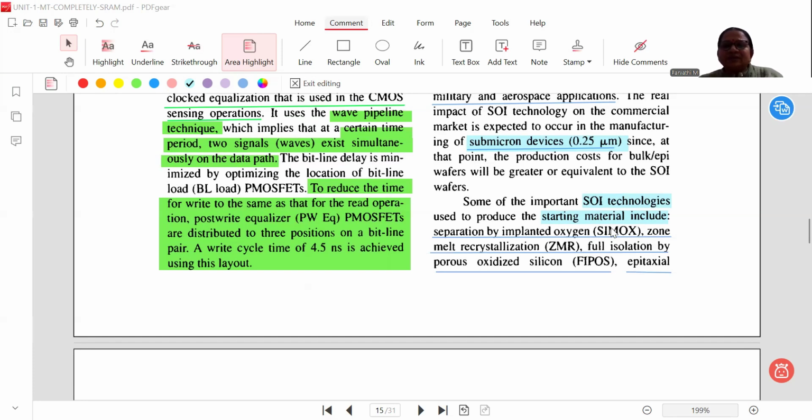These isolation islands can be formed using oxygen. This is one material that we can use for implanting between the components, PMOS or NMOS or any other component on the chip layer, so that the implantation can happen through this oxygen. So that is one point.